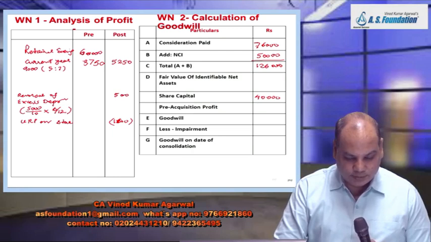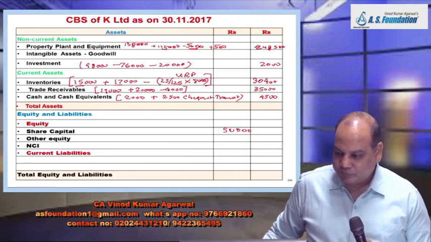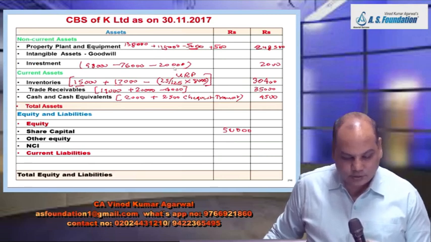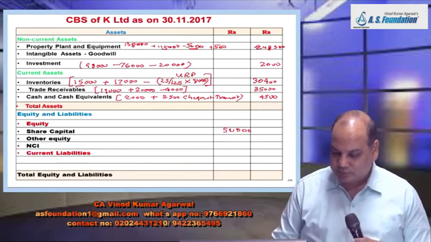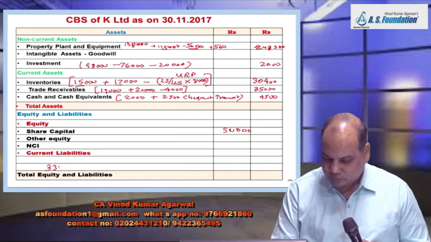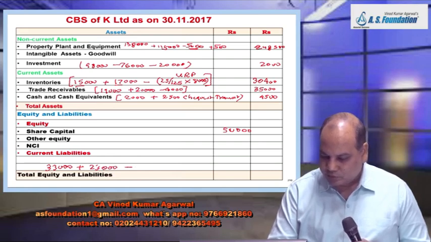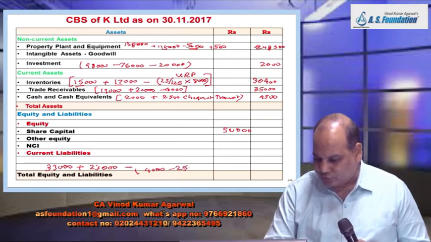Non-current liabilities. 8% loan stock will get cancelled. Don't write. We have cancelled it on the asset side, second effect. Current liabilities. Now here there is an adjustment. 33,000 plus 23,000 minus how much? Write in bracket. 4,000 minus 2,500.